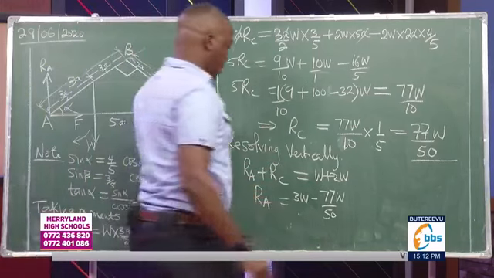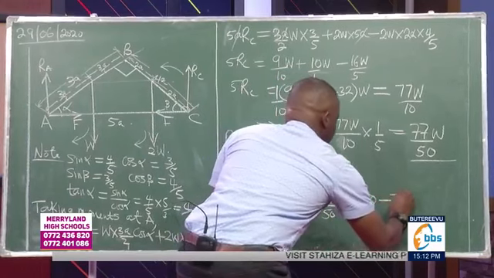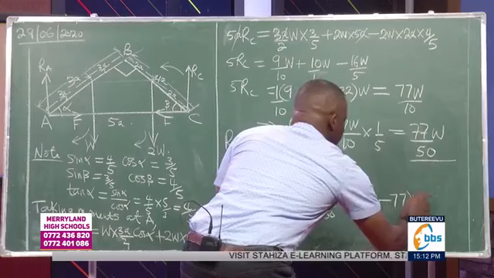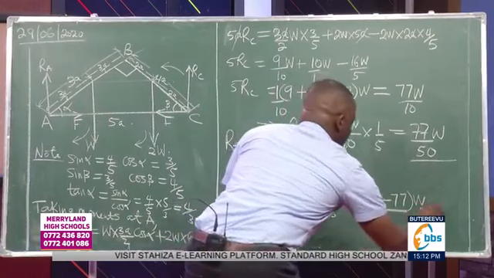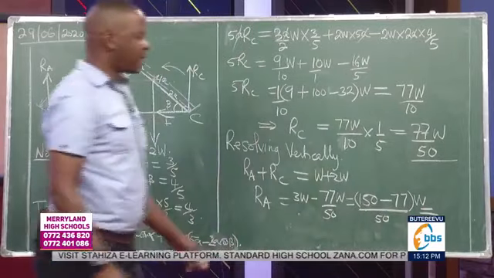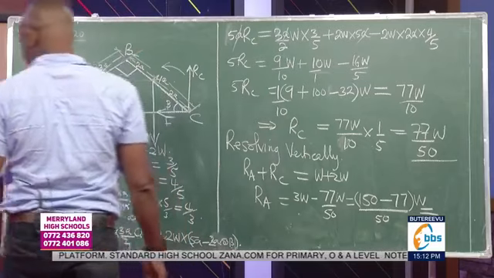This is going to give me 150 minus 77, all into W divided by 50. If we subtract 77 from 150, we should be able to get 73.